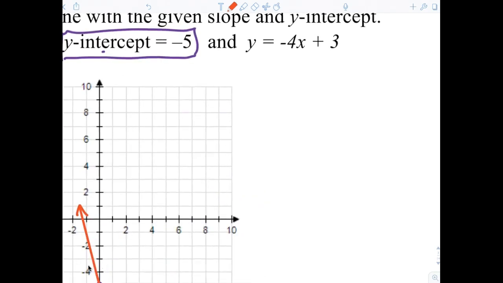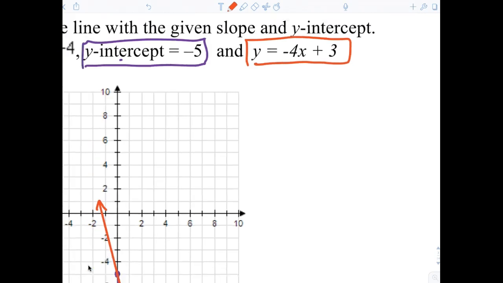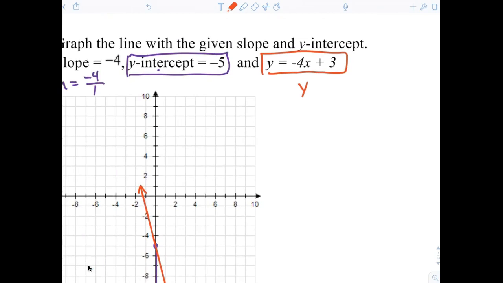All right, now here we go. -4x plus 3. James, what do I have to do? Now, what's the y-intercept? 0, 3. Now, what's the slope? -4 over 1.